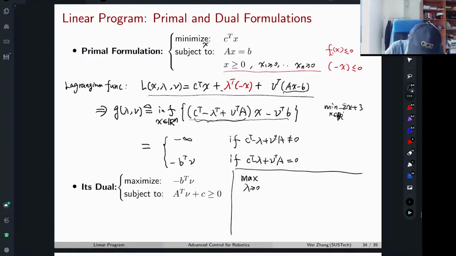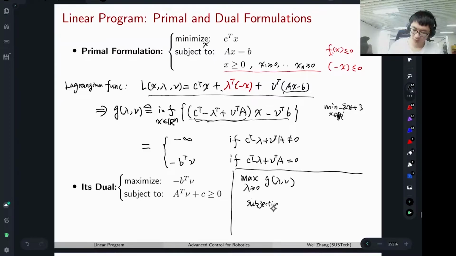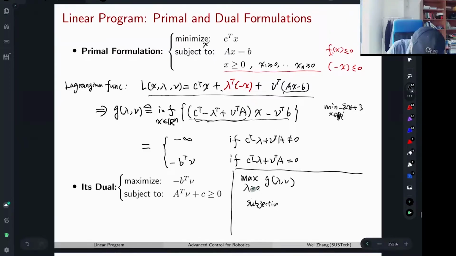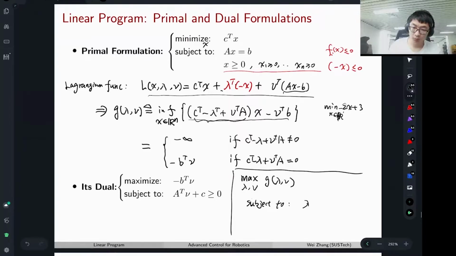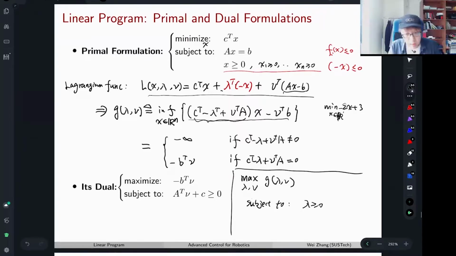That's my definition. So G of lambda, nu, subject to lambda bigger or equal to 0 for each element.